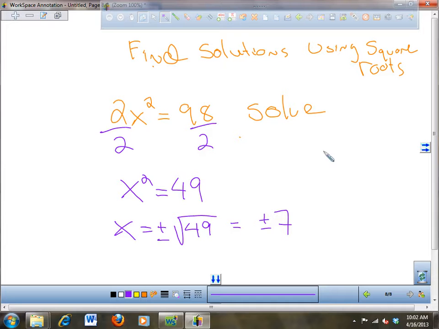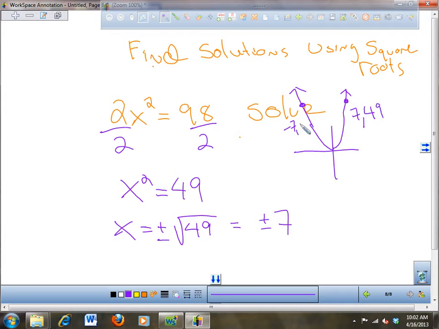So, looking at this thing geometrically, 2x squared equals 98. Well, I happen to know that 2x squared, you don't have to do this, is a really steep graph, okay? Well, pretty steep graph. And there's going to be 2 points on here. One at x is positive 7, and one at x is negative 7, where y is equal to 49.